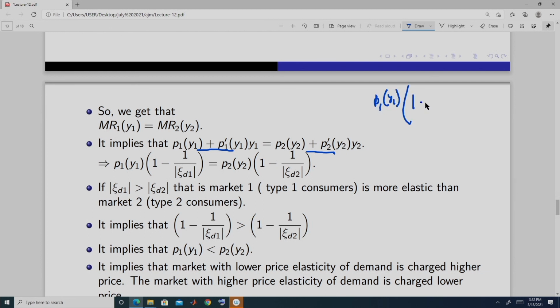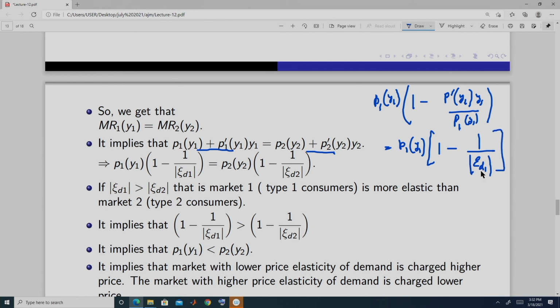Now, if we take this common, we can write it this way, and this we have shown can be written as the elasticity of the demand curve of market 1, and this also is the price elasticity of market 2.